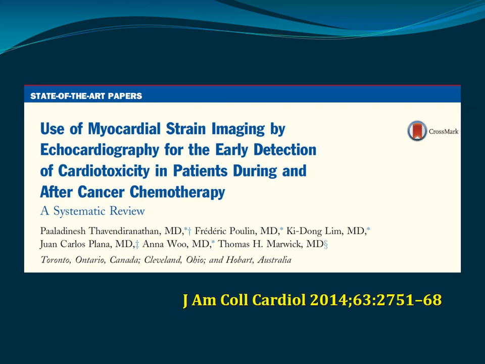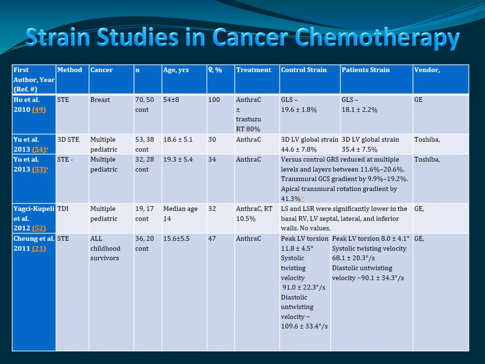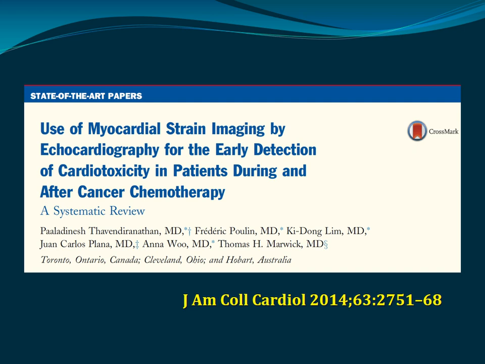So if we look at the position paper, or rather, of course, there's a summary paper of a lot of work that has been done using strain. It was done by Palandish Savarnathan from Toronto.